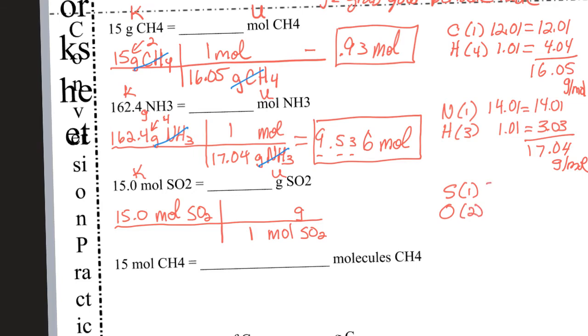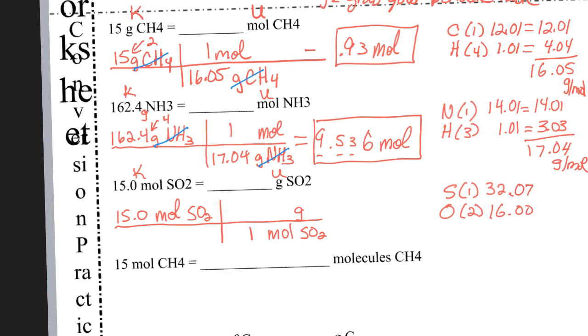1 sulfur weighs 32.08. So let me go ahead and erase that. 32.07. Oxygen weighs 16. I know that one.